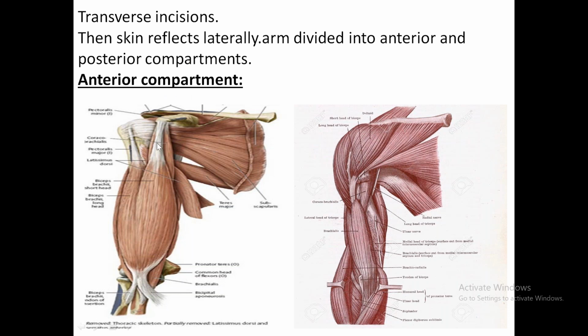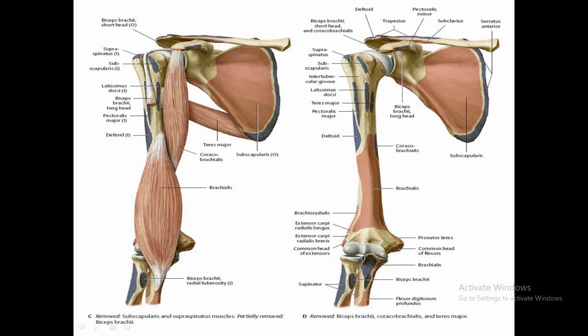Arm is divided into two compartments, anterior compartment and posterior compartment. The muscles present in the anterior compartment are brachialis, biceps brachii, and coracobrachialis. The brachialis muscle originates from the lower part of the anteromedial and anterolateral surface of the humerus, and it is inserted into the ulnar tuberosity.